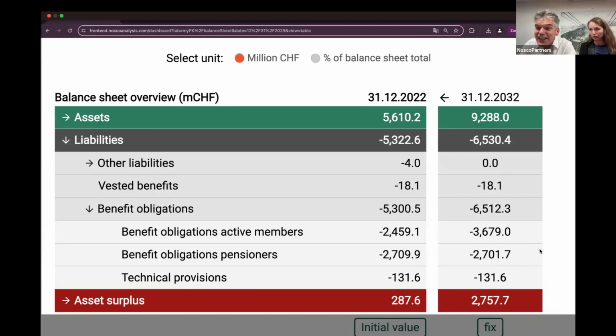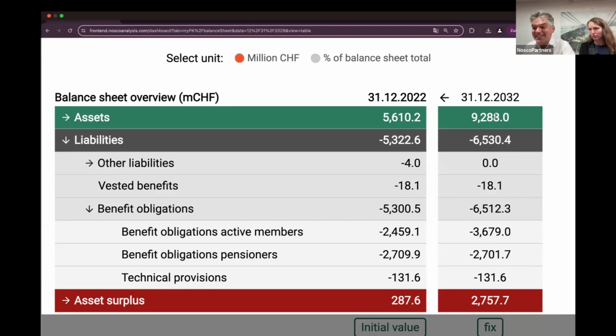You also see, actually, if you had seen the numbers, I will not flick back and forth, that while the pension obligations to pensioners have lowered by the lower conversion rate from about 2.82 billion to 2.7 billion, the asset side hasn't changed much.